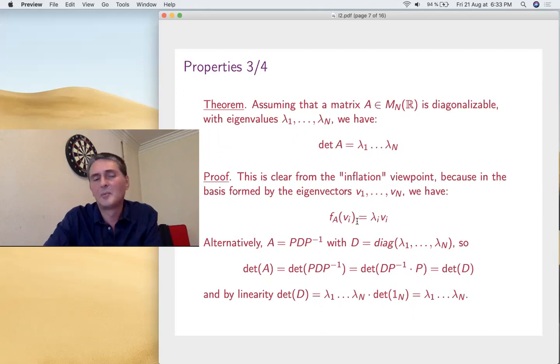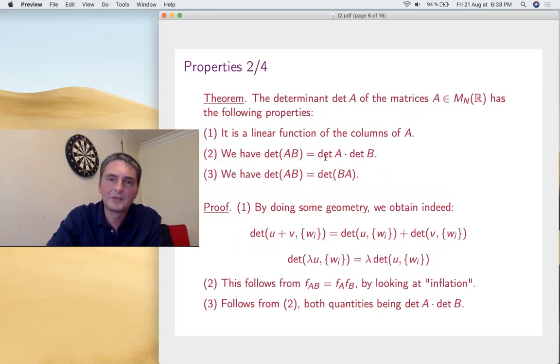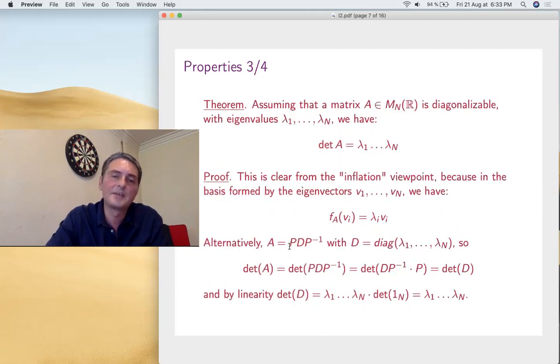Alternatively, you can get it with matrix calculus. Let's get it from this, that det AB is det A det B. So diagonalization means this, A is PDP minus 1. Now, because det AB is det BA, I can put this P here, switch it to the right, so I get just det D. But for D, when D is diagonal, you can get it by linearity.